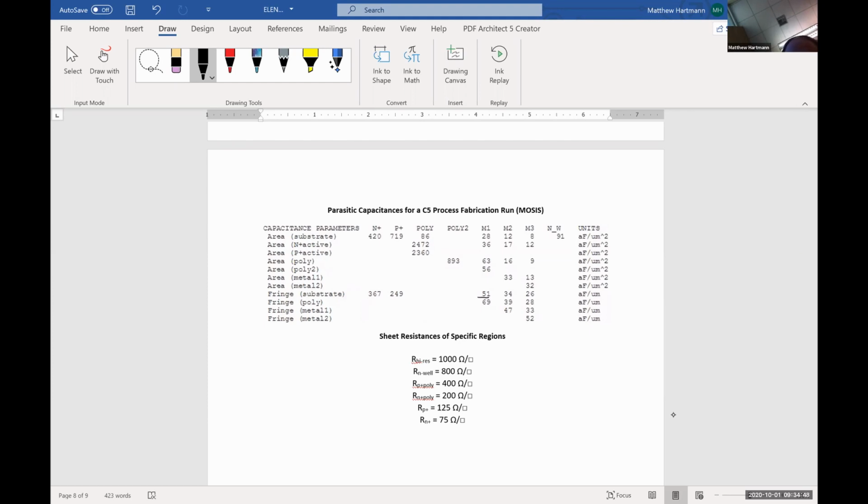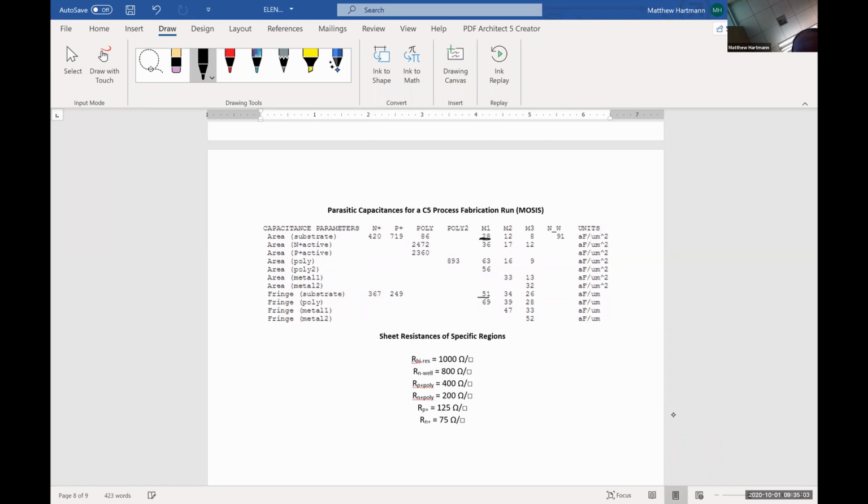isn't given. That's weird. Hold on. Maybe I'm looking at something wrong here. Yep, I'm totally looking at something wrong here. Area substrate to metal 1 is 28. Okay, yeah.